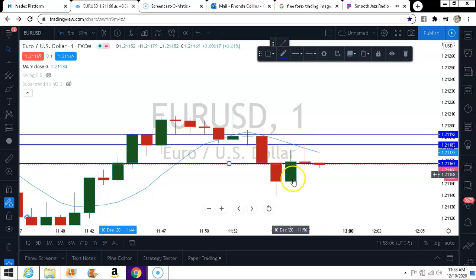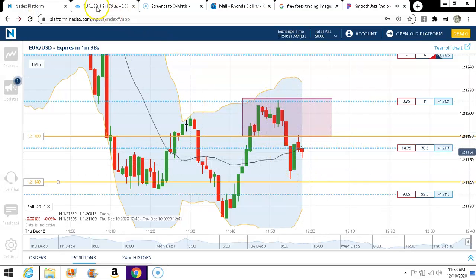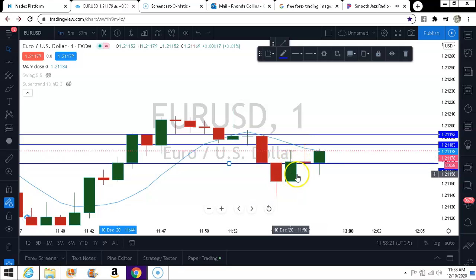So this is how the bullish engulfing candles work. Say if this were the last candle of the binary, you would have won that binary. Bullish and bearish engulfing candles. This is bullish. So when this bullish candle closed above this line right here, this candle engulfed this previous red candle.